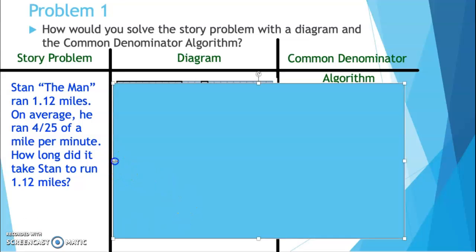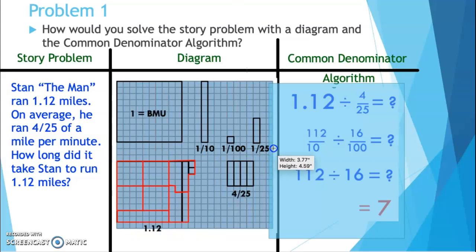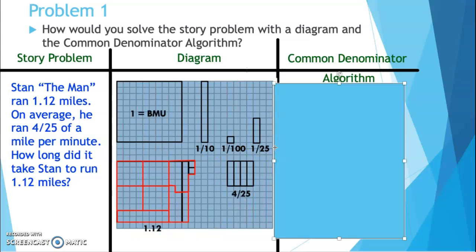Okay, welcome back. Let's take a look at a diagram sample. It illustrates one BMU, and then all of the smaller components of 1.12 miles. Again, it's helpful to pause.